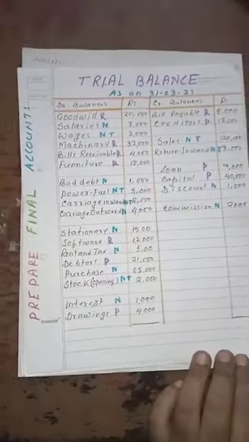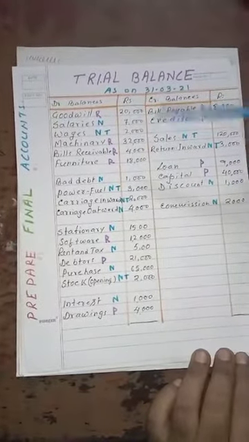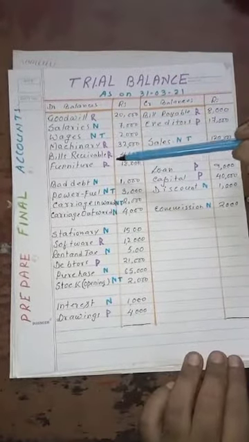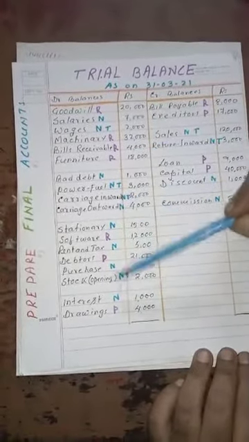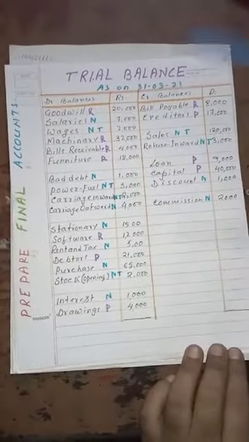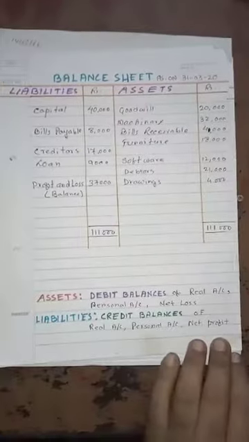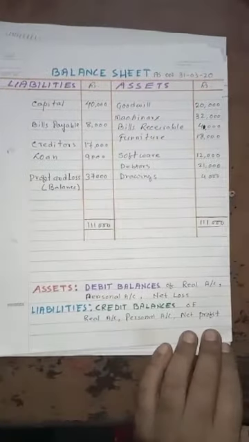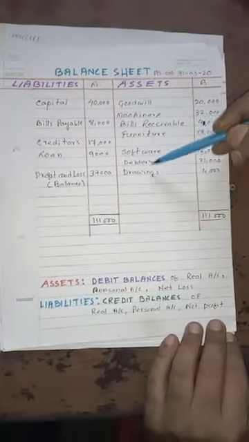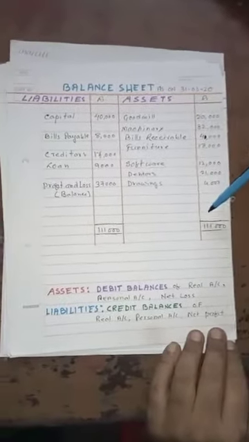Next stage. Now we are preparing final accounts from the trial balance. From the trial balance, real account balances and personal account balances will go to the balance sheet, that are marked R and P, real and personal. Debit balance will go to the asset side and credit balance will go to the liability side. See the balance sheet. From the trial balance, real and personal accounts on the debit side we have recorded in the asset side.